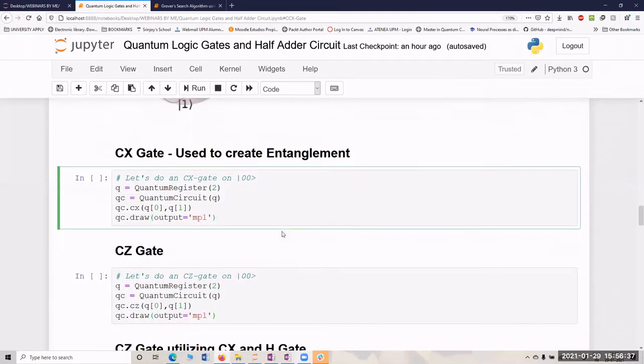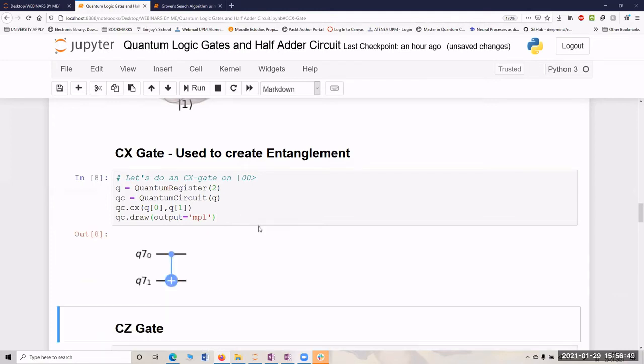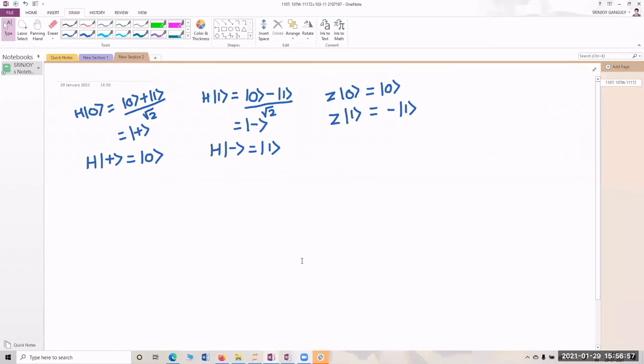All right. Good. So now, what happens now? Let us see the CX gate in graphics. So this is how a CX gate looks like. And what is the operation of the CX gate? Let me define it. Whenever you have two qubits, CX is like this.